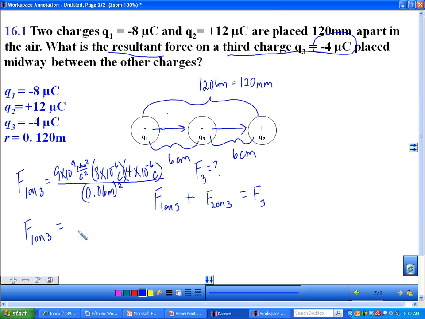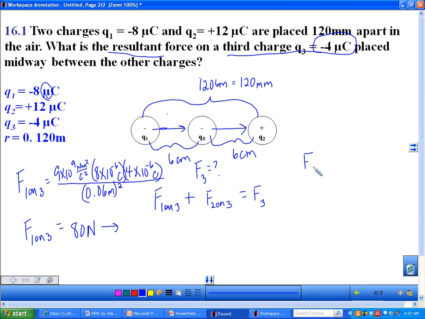Has someone already done it? Rod, do you already have it? Nope. Because micro means 10 to the minus 6. Good question. What did you get? 80? All right. And force of 1 on 3, 1 is pushing 3 in that direction.